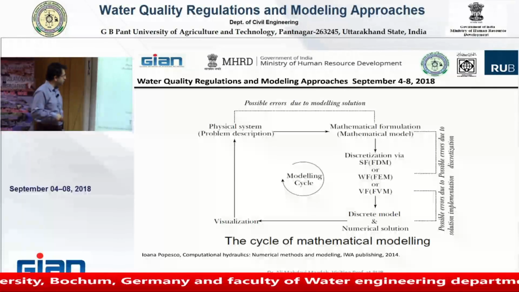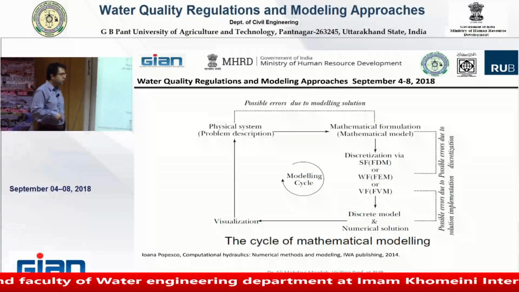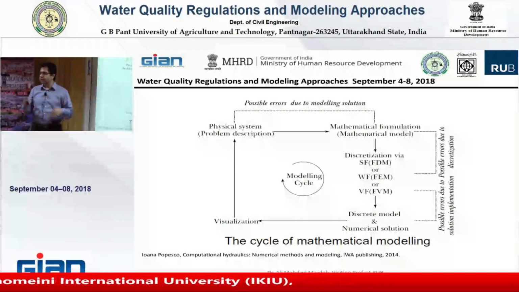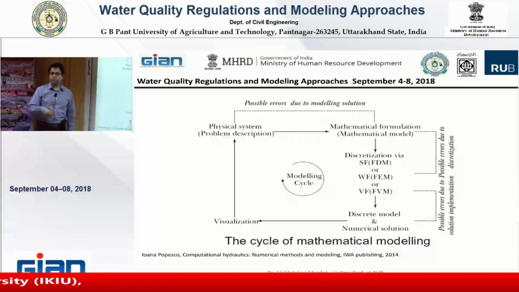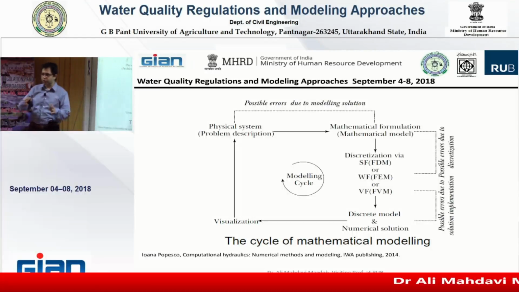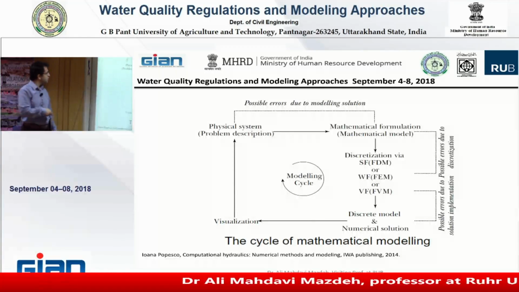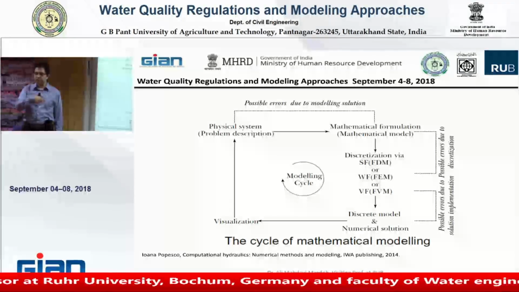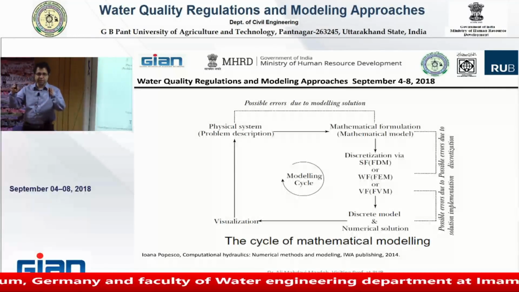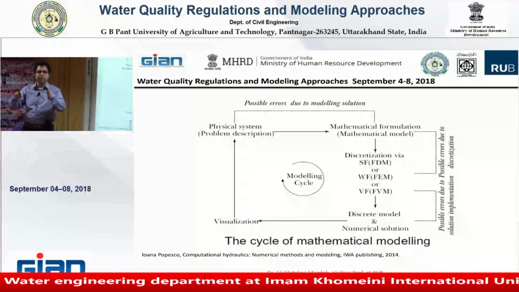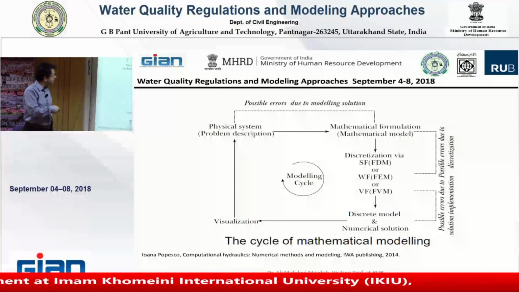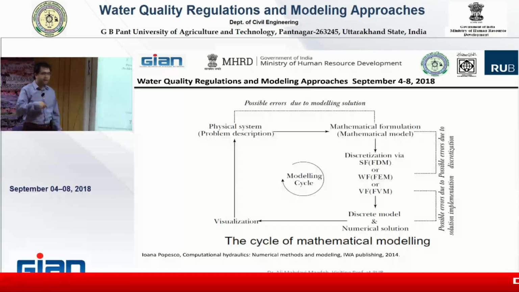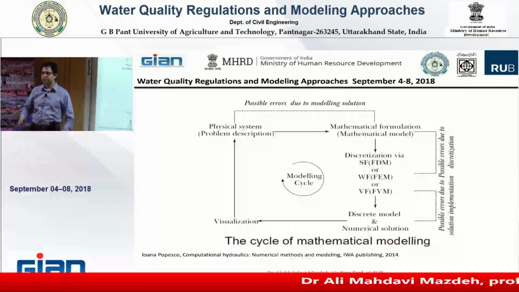After you have the solution, you visualize it to see if it is okay or not, and then you come back, because you will find some errors and you need to change some things. You should review your conceptual description of the physical properties, and again maybe revise your numerical model, and revise whatever you have.